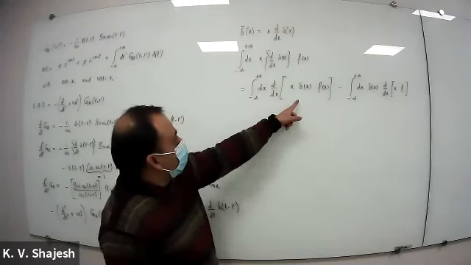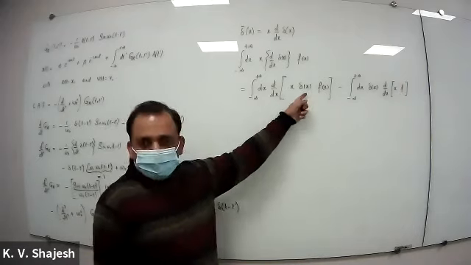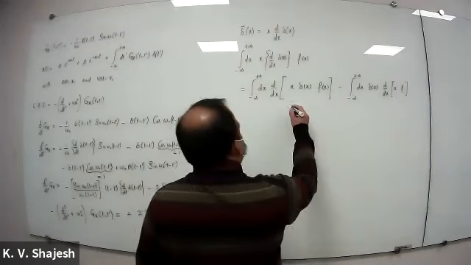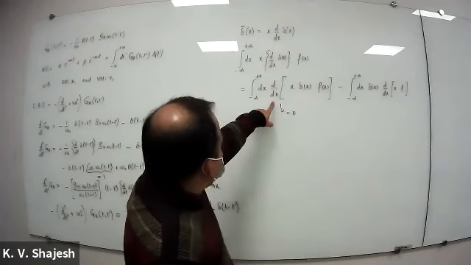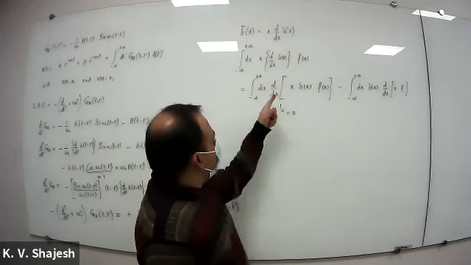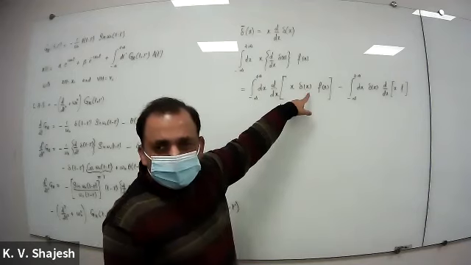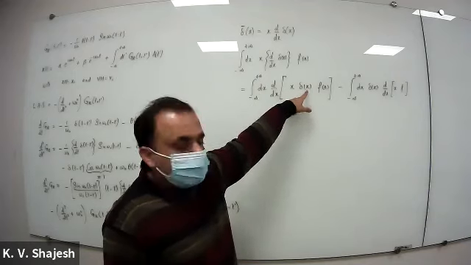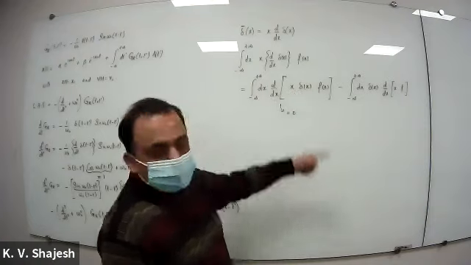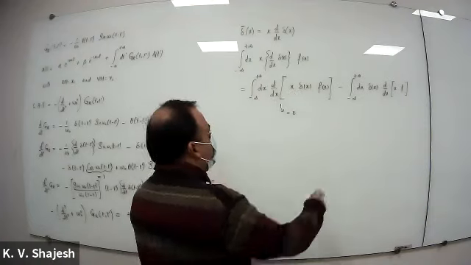This survives only on the boundary, but on the boundary, delta function goes to 0. So this is actually 0. This whole piece is 0. Why? This again survives only on the boundary, but whenever it is on the boundary, the delta function is 0 because delta function is surviving only at x equal to 0. So this piece does not survive at x equal to infinity and x equal to minus infinity.